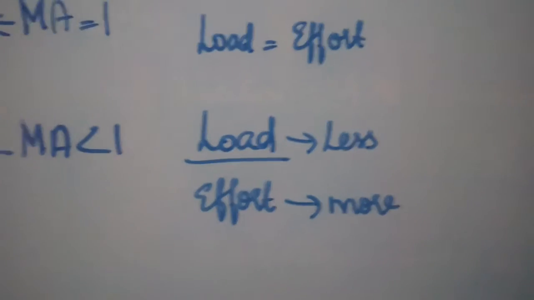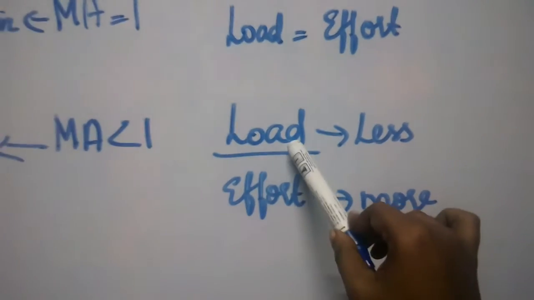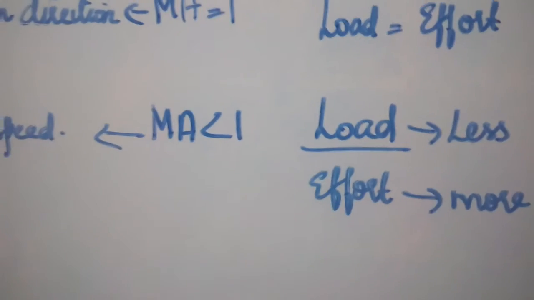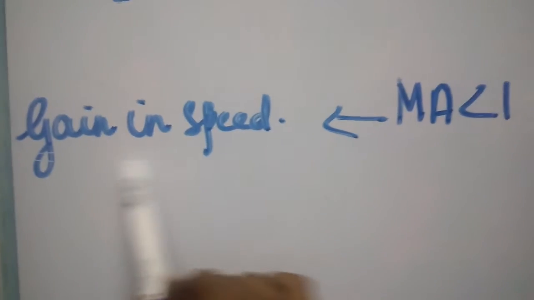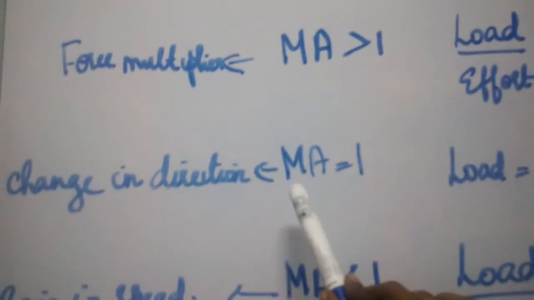If the mechanical advantage is less than 1, then more effort should be given to the load. So the denominator in this case is more and load is less, numerator is less. So mechanical advantage is less than 1, it acts as a speed multiplier.